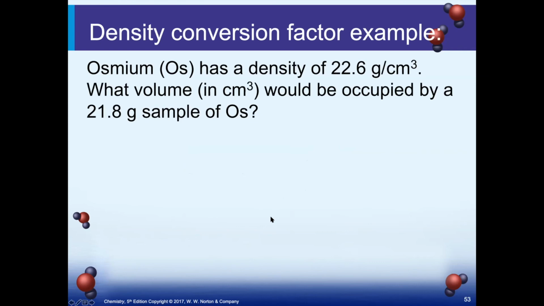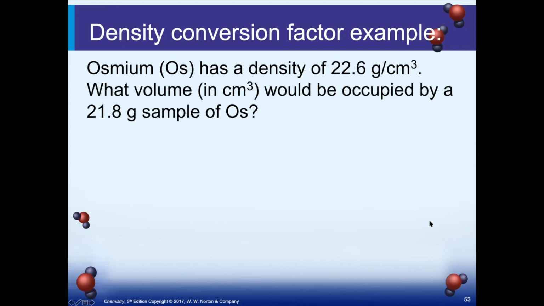Okay, so for example, in this problem, we have osmium, which is an element, okay, and it has a density of 22.6 grams per cubic centimeter. And so we are asked what volume in cubic centimeters would be occupied by a 21.8 gram sample of osmium.